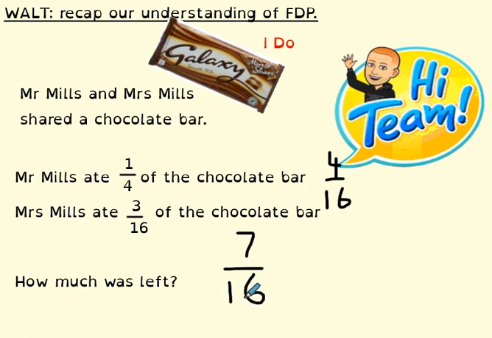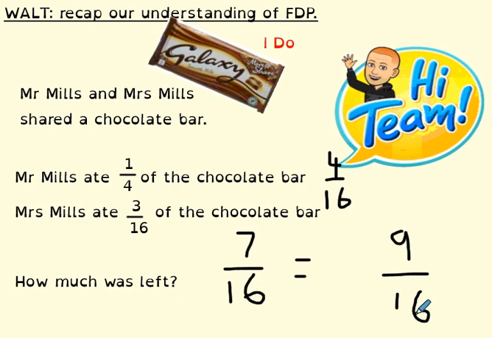Which means if there were 16/16 in total of the whole, if the whole chocolate bar was broken into 16s, I ate 4/16, she ate 3/16. There will be 9/16 remaining.